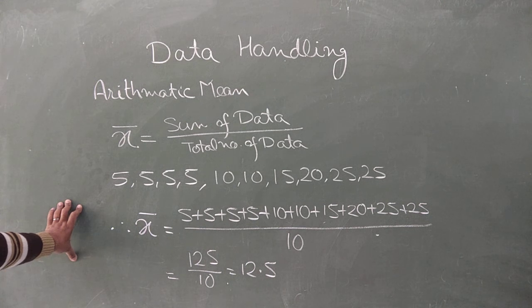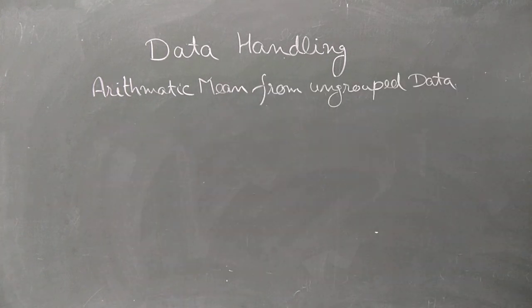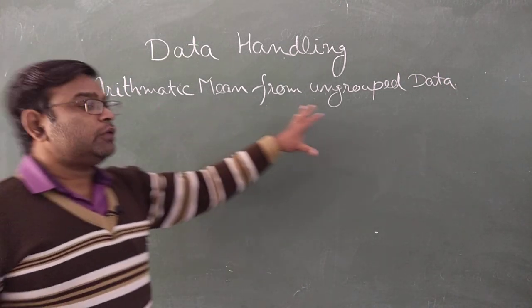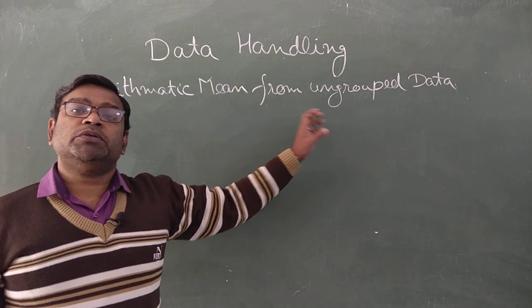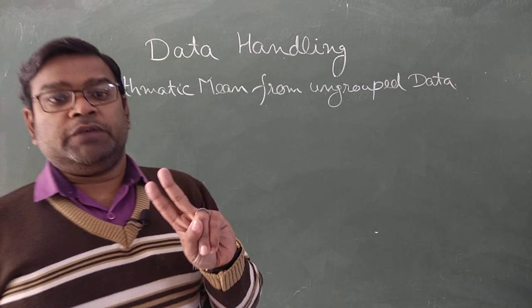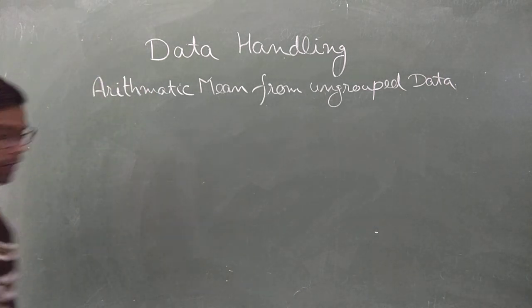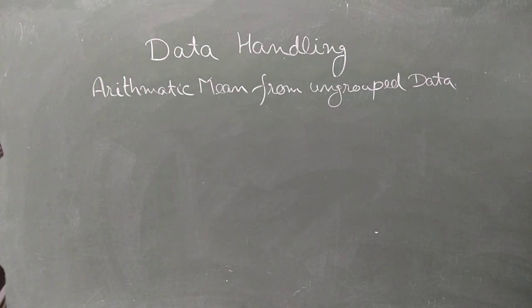The next form is, now our next topic is arithmetic mean from ungrouped data. Ungrouped data is data that we obtain from a frequency distribution table. In a frequency distribution table, two parts are given, that is your x part and f part. Likewise, I am taking one question as an example.